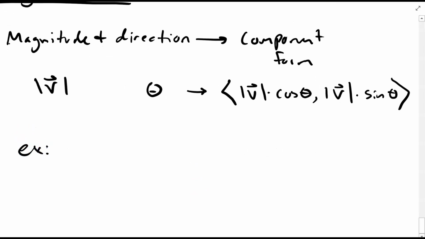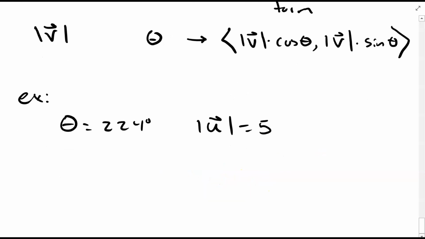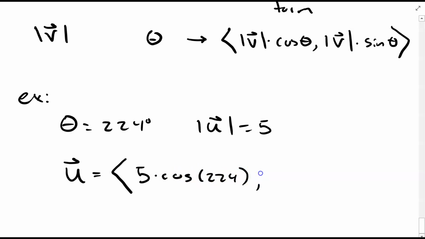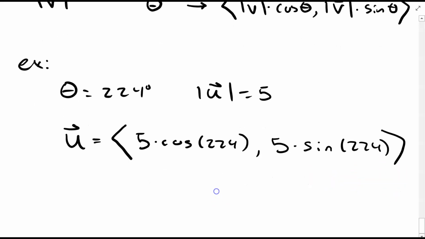So for example, if we're given that my direction is 224 and my magnitude is 5, I can then say the component form is going to be 5 times cosine of 224, comma 5 times sine 224. And when I type that into my calculator, I get negative 3.60, negative 3.47, rounded to 2 decimal places.